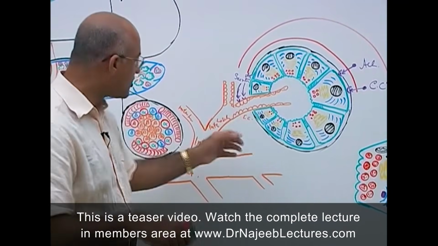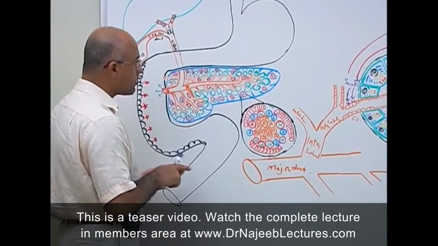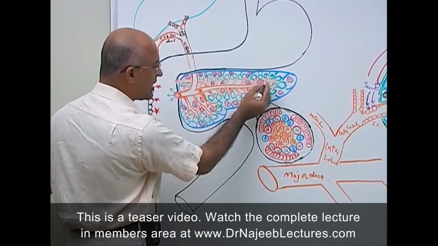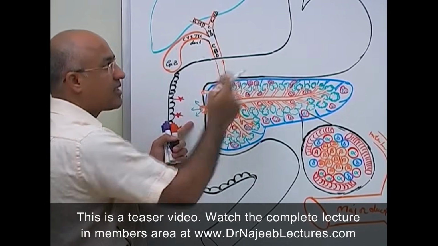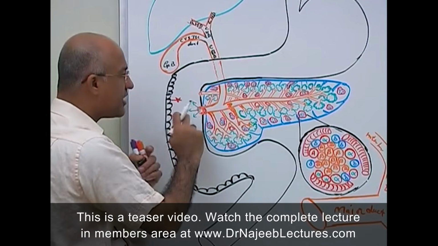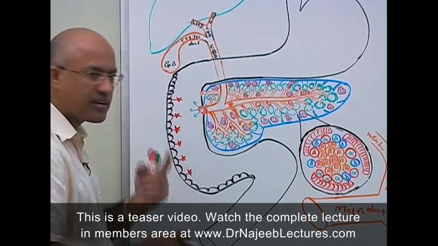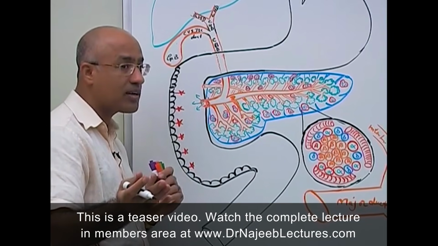Is that right? This bicarb is important because the bicarb which is produced by these ductal cells, when it comes over here, helps to neutralize the acidic chyme which is coming from the stomach and adjust the pH of the duodenal content appropriately so that which enzyme can work?